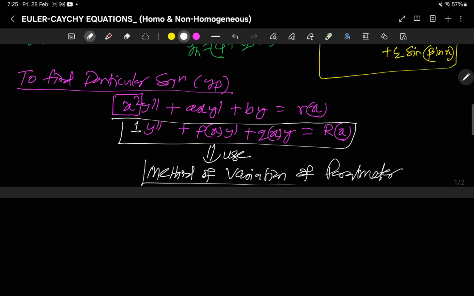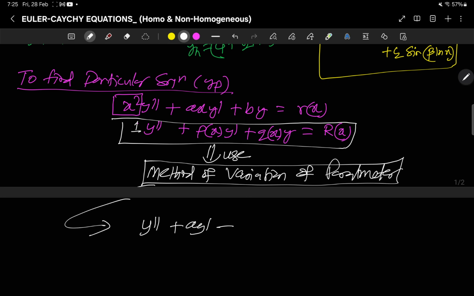And this method of variation of parameter is again one of the powerful aspects. Suppose you see y double dash plus a y dash plus b y is equal to tan x, sec x, cosec x, okay, etc., e to the power x, right?